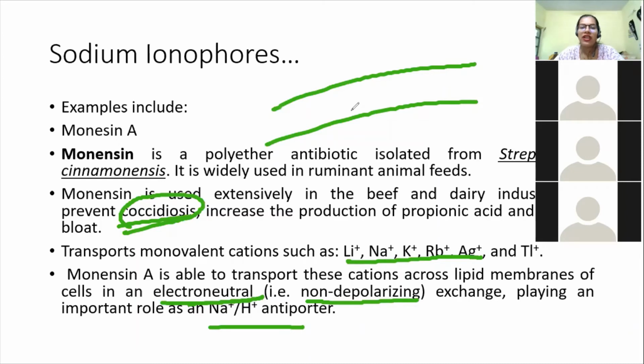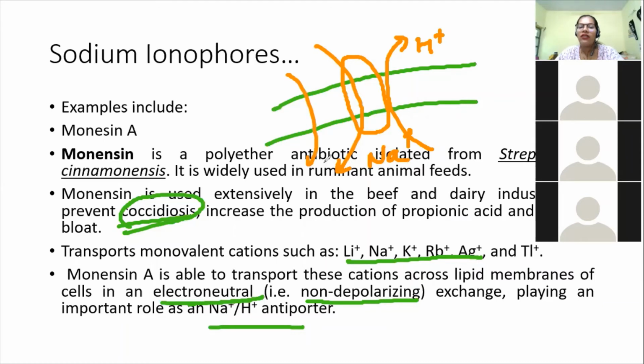Electroneutral exchange means that when you have channels for the ions to be transported, if Na+ is going outside, H+ will come inside. So the charges are cancelled. If one positively charged ion is coming in, one positively charged ion is going out. So it is an antiporter. That is the meaning of electroneutral.